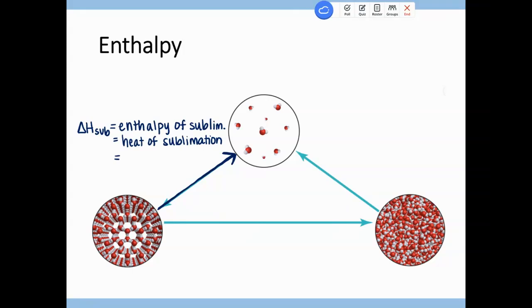And what this is, or defined as, is the energy required for a substance to sublime or sublimate.